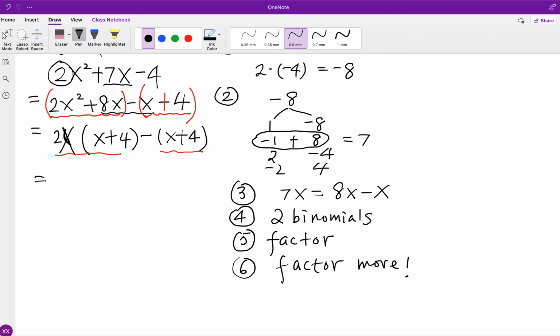So x plus 4 is our common factor. And in this bundle here, 2x is left. And in this bundle here, 1 is left, because this is multiplied by 1. So that is your factor.